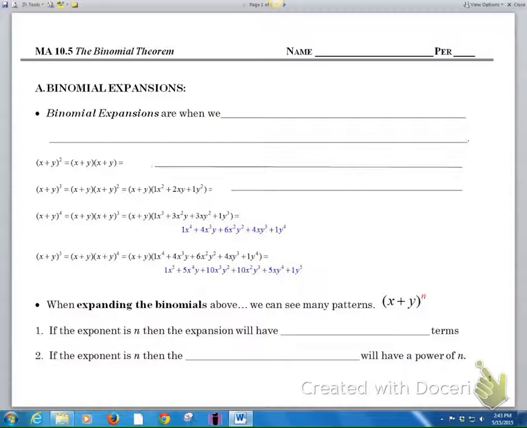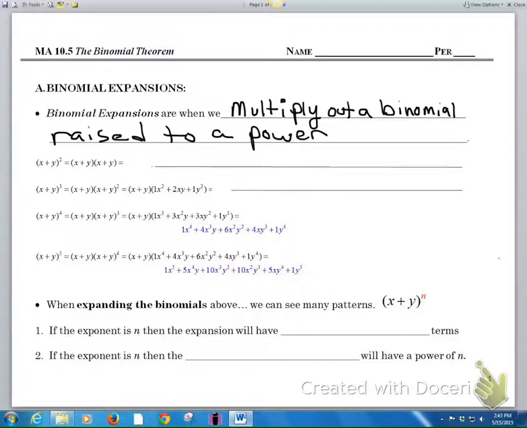So binomial expansion. Binomial expansions are when multiplying out binomials raised to a power. When we've got (x + y) squared, we all know how to FOIL that out. But when we have x plus y to any larger power than squared, this is what we're going to be talking about today.